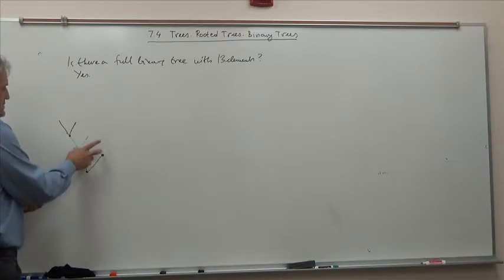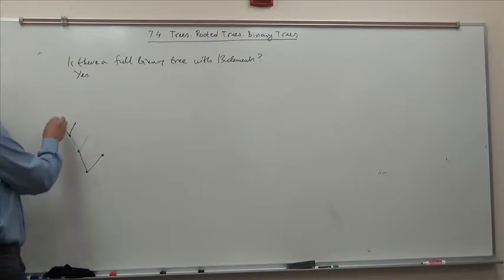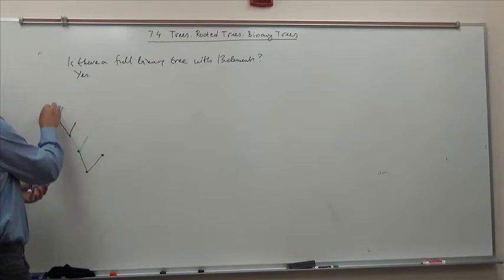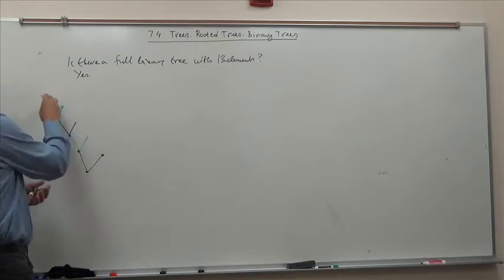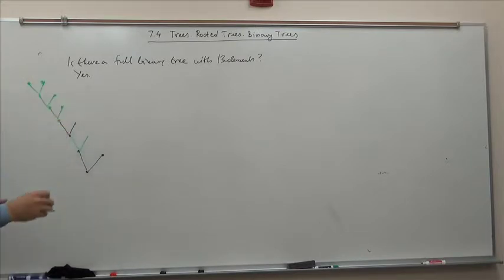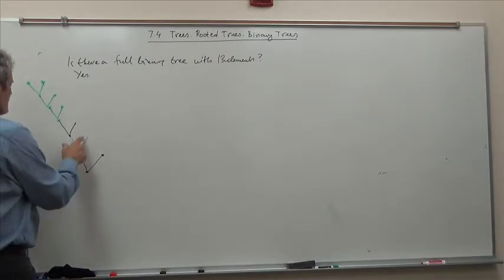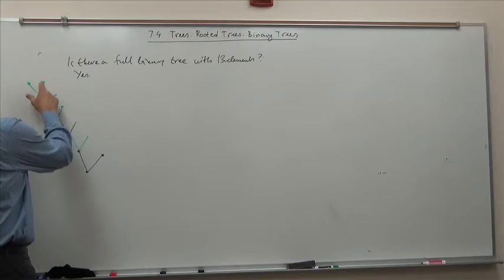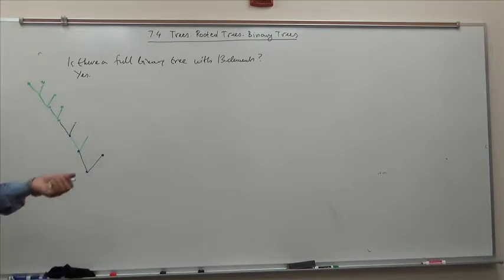So 1 and 2, 3 and 2, 5 and 2, 7, and then 2, 9 and 2, 11 and 2, 13. So here it is. It's a very strange, very tall tree. 1, 2, 3, 4, 5, 6, 7, 8, 9, 10, 11, 12, 13. So you can always do that and do a proof by induction.